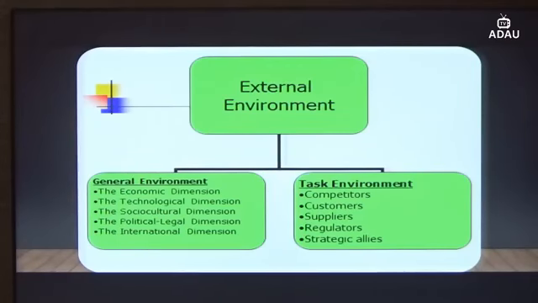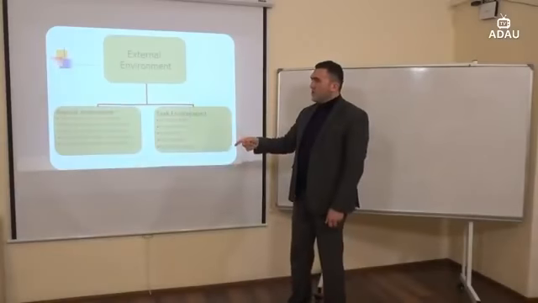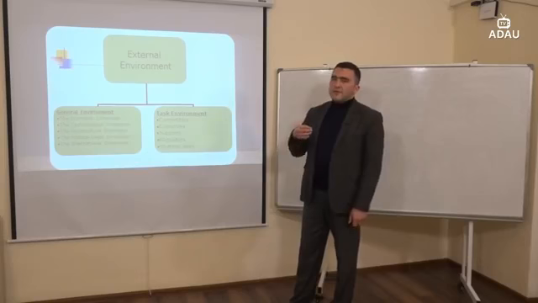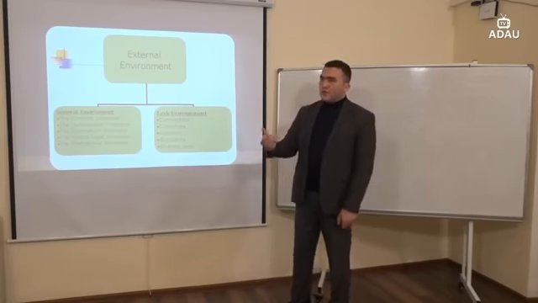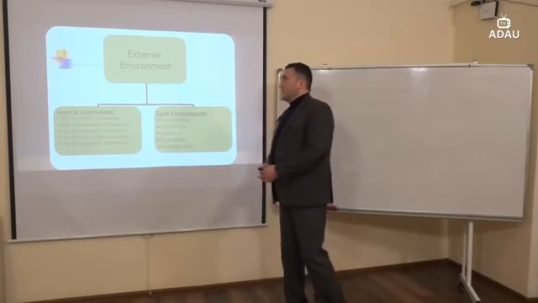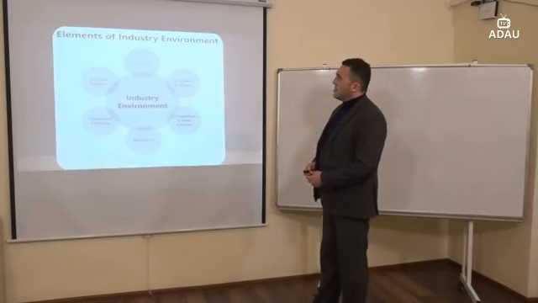Task environment, in other words, is an industry environment. The elements of the task environment have a direct influence. But what about the general environment? The general environment has an indirect influence on our organization. And let's see in detail.